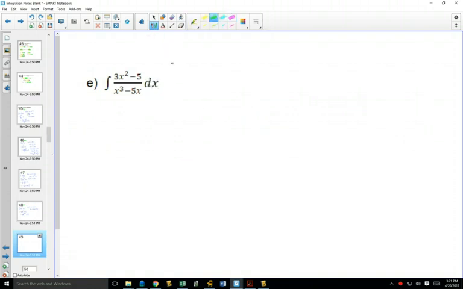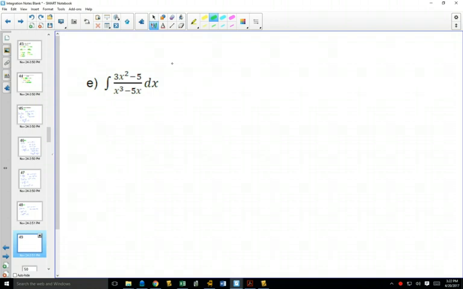This one's hard to see an inside function because there's nothing in brackets to the power 5. There's nothing inside of a sine or inside of a cos or in the exponent where an e is. So this function is harder to see what's inside.